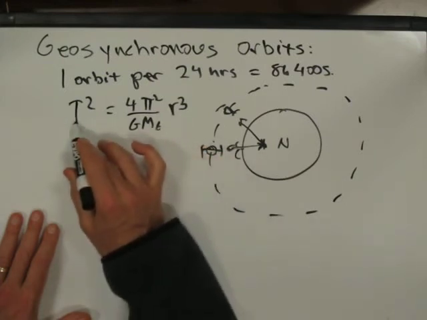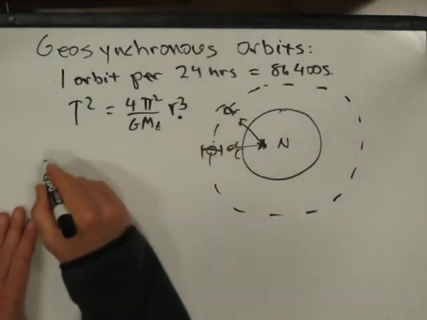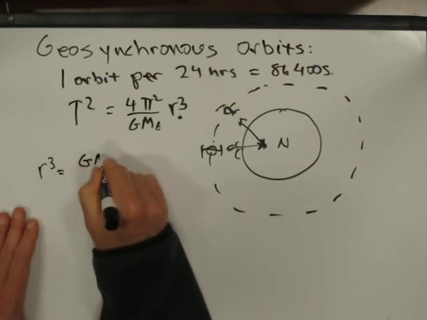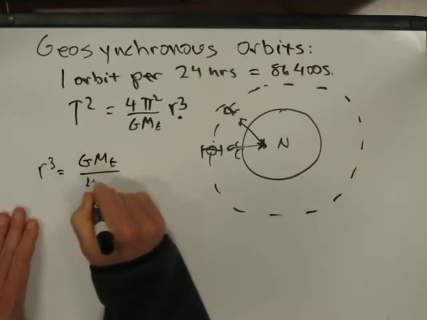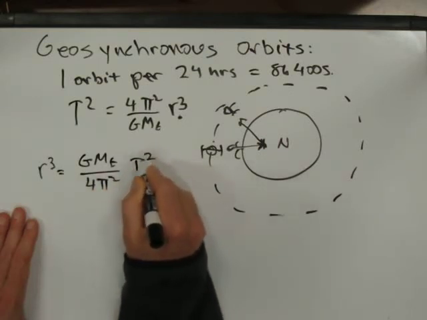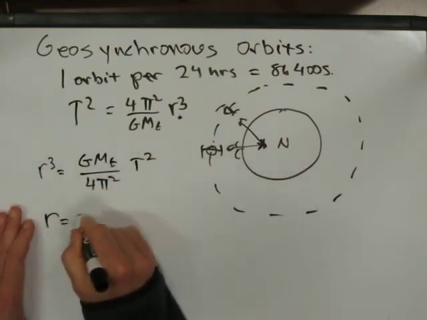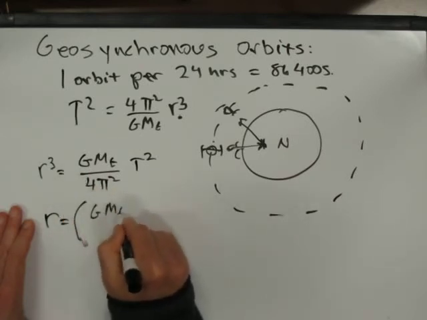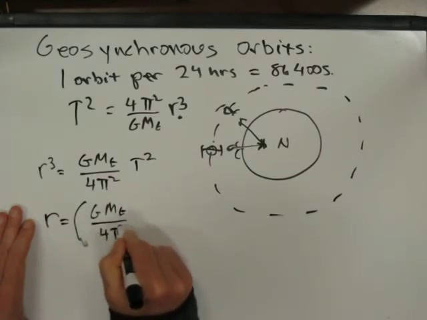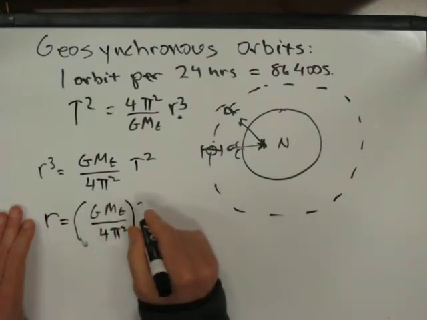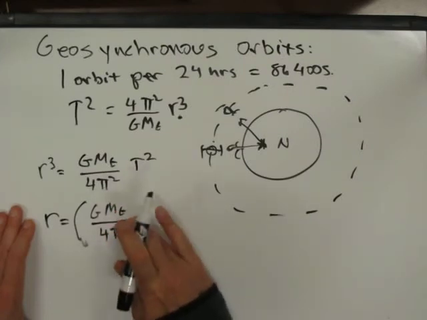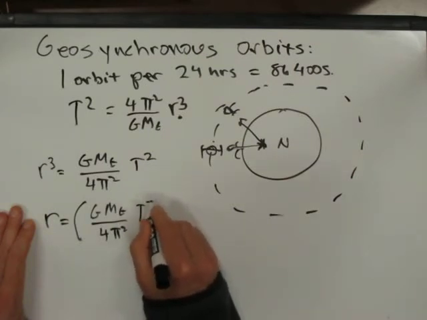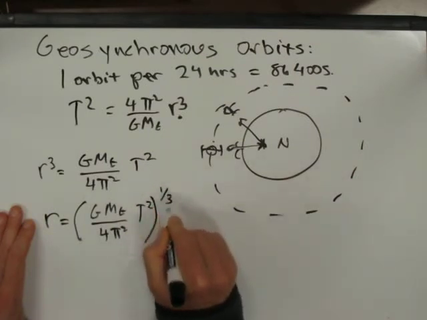And so we know what the period is for this, and so we can calculate what the radius has to be, right? We can say, look, r cubed is equal to, and so I just invert this equation. It's G times the mass of the Earth over 4 pi squared times the period squared. And so the radius is equal to this whole thing, G times the mass of the Earth over 4 pi squared times the period squared to the 1/3 power, right?